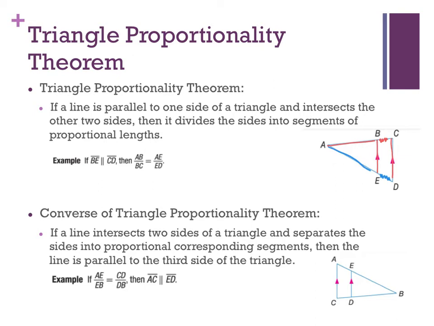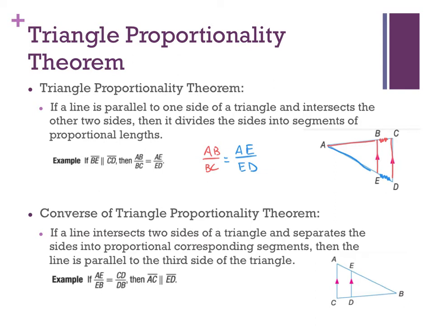So far, what we've been doing is a side is proportionate to a side. Okay, now we're doing a piece over a piece. So this would mean that you have AB over BC is proportionate to AE over ED.